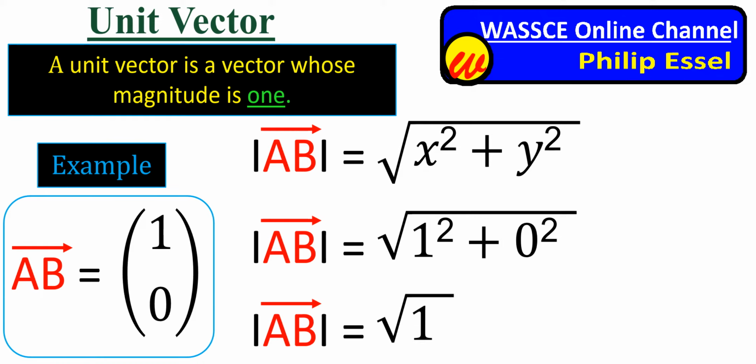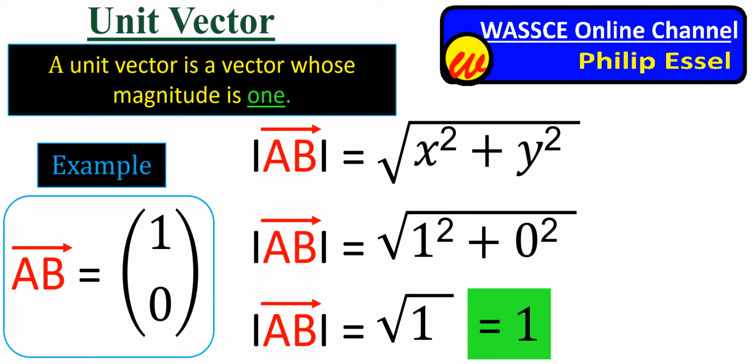Therefore, the magnitude of AB would be equal to the square root of 1. The square root of 1 would also give us 1, which means that the magnitude of vector AB is 1. Therefore, the vector AB is a unit vector.